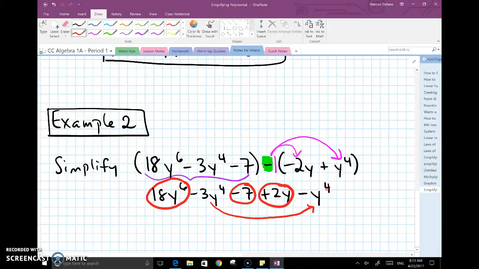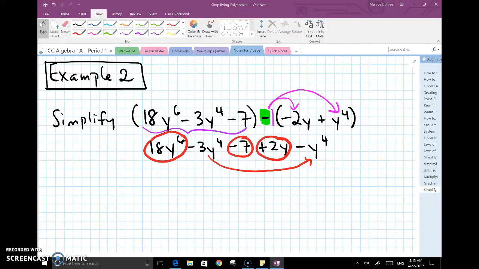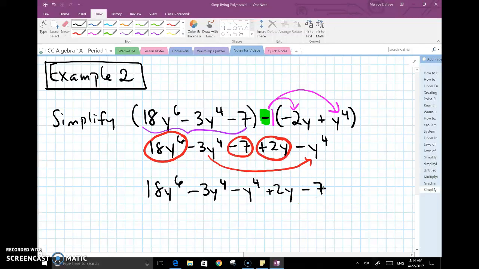Now, when you're sorting this out, remember, you want to put this in standard form, which is highest power down to lowest power. So I will put 18y to the 6th power as my leading term, because it has the highest power, followed by negative 3y to the 4th power, which will combine with negative y to the 4th power, second highest powers, followed by my plus 2y, because that's my third highest power, since I still have a y, followed by my negative 7, which has no y at all.